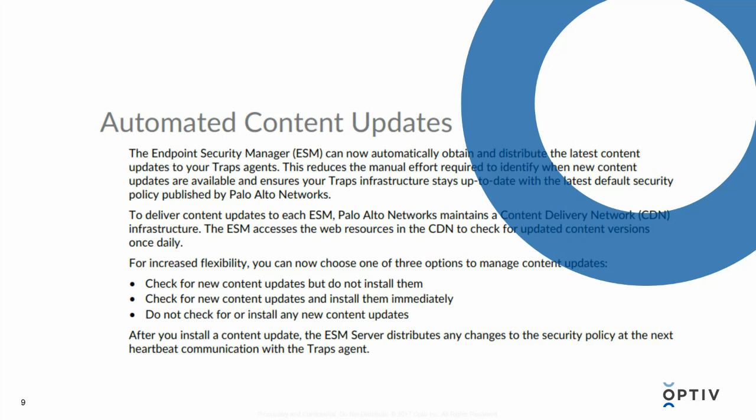We can check for new content updates but not install them, so we may want to review them before installing them. We can check for new content updates and install them immediately, or do not check for or install any new content updates, which would take us back to that manual effort. After you install the updates, the ESM server will distribute any changes to the security policy at the next heartbeat communication with the Traps agent, so the next time the Traps agent checks in.